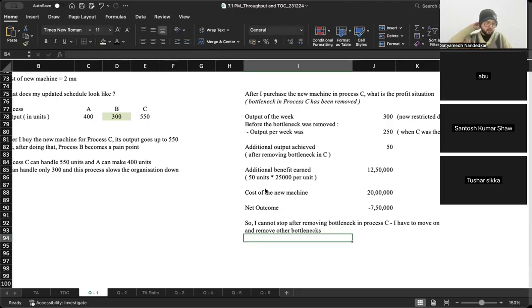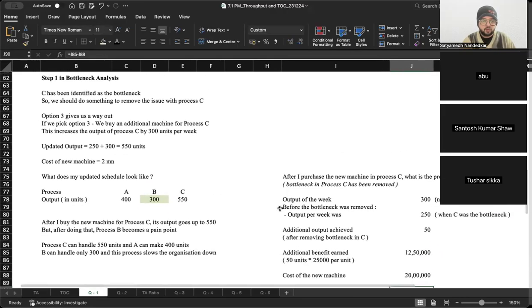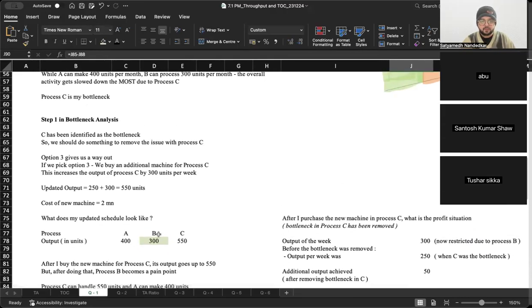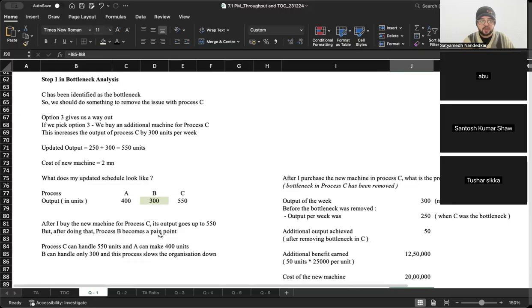Okay. I removed the bottleneck in C by implementing option 3, but that wasn't enough. It wasn't enough at all because it is leading me to a net loss situation of 7 lakh 50,000, and that has not helped me. Now I have to remove the bottleneck in process B.